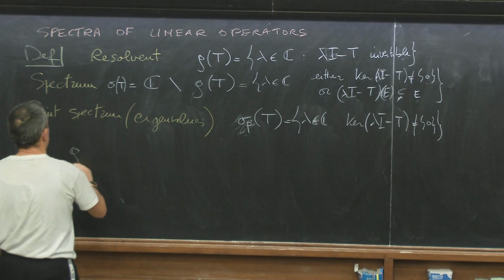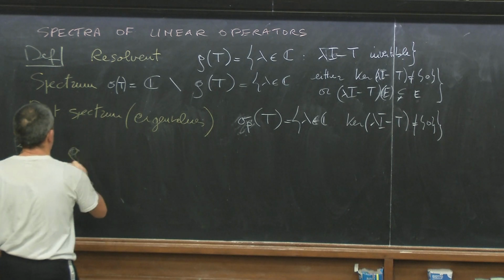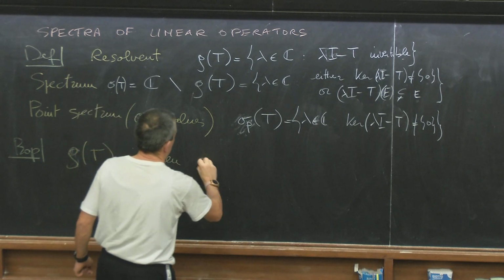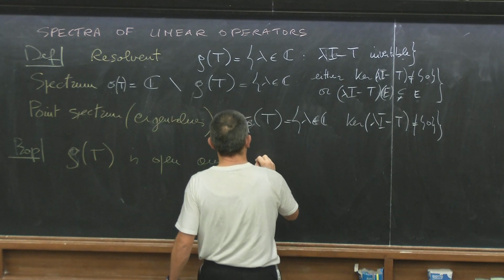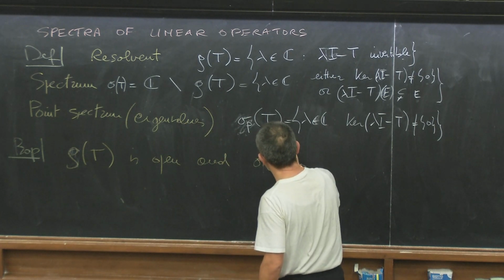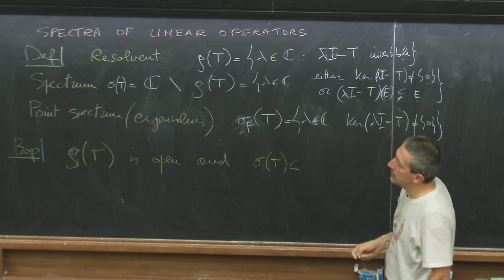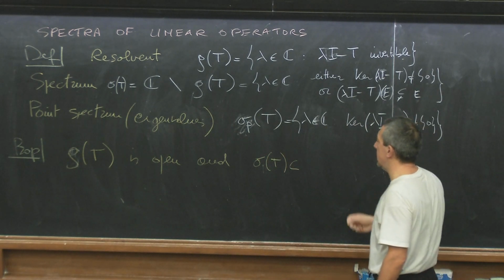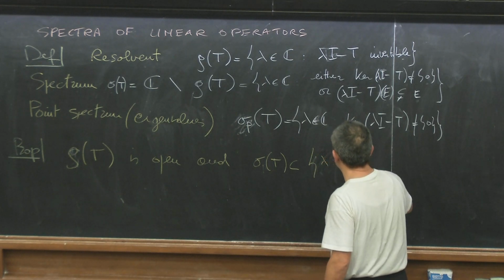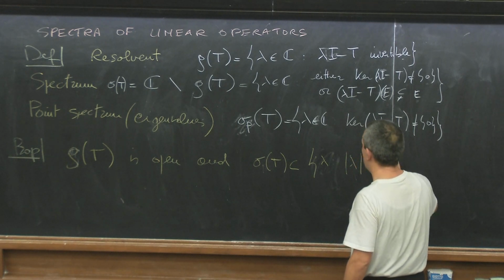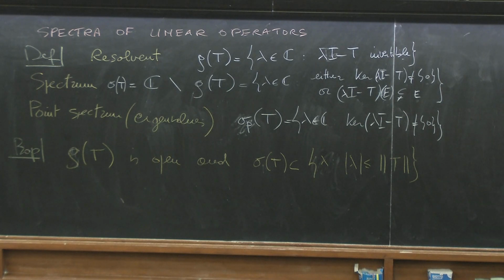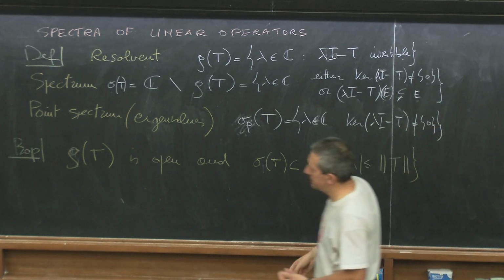The resolvent rho of T is open, and the spectrum sigma is contained, if I'm in the complex plane, in the ball of all lambda with modulus of lambda less or equal than the norm of T. And it is non-empty also.